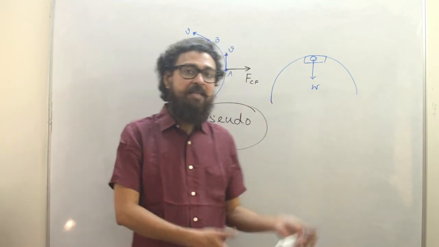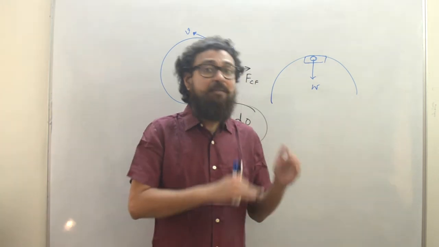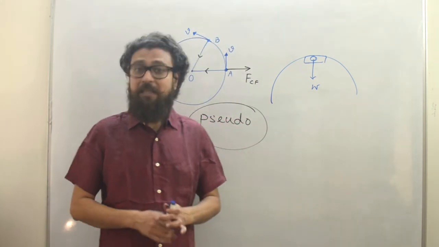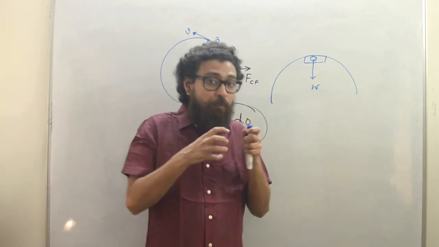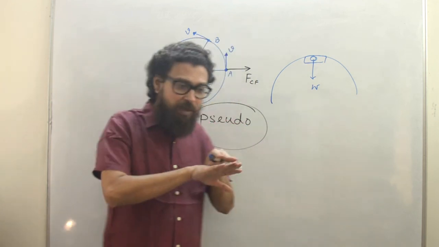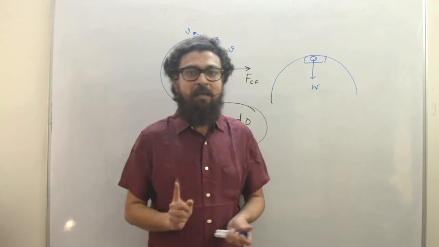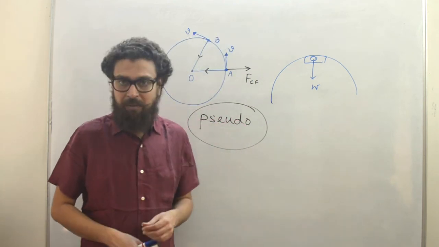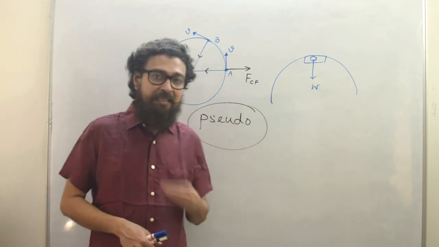When we take out the clothes, they are apparently much drier than before. It is not completely dry, but it is much drier. This is a very good example of the existence of centrifugal force in our daily use.